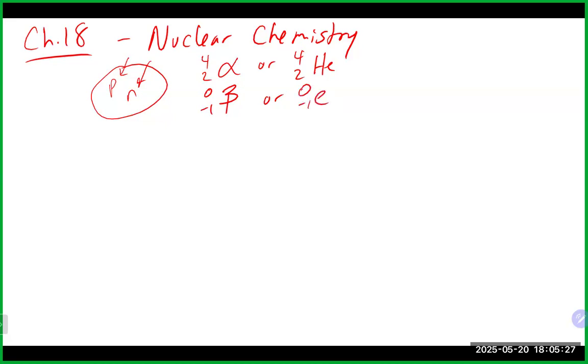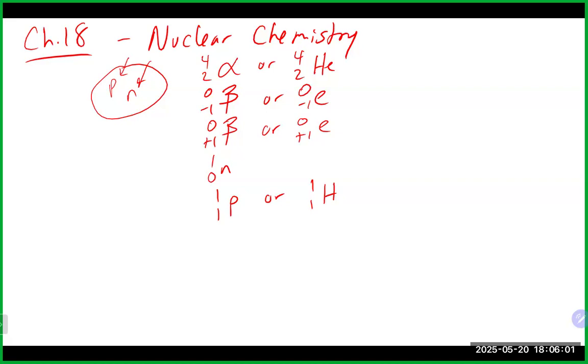It can use the beta symbol, or it can use an electron or E. Not to be confused with its friend, the positron, which is like a positive electron, and that has a positive one, but does use the same symbols. We also do some things with a neutron. In addition, a proton as well, which also has a couple of different symbols. So these symbols are widely used in nuclear chemistry.